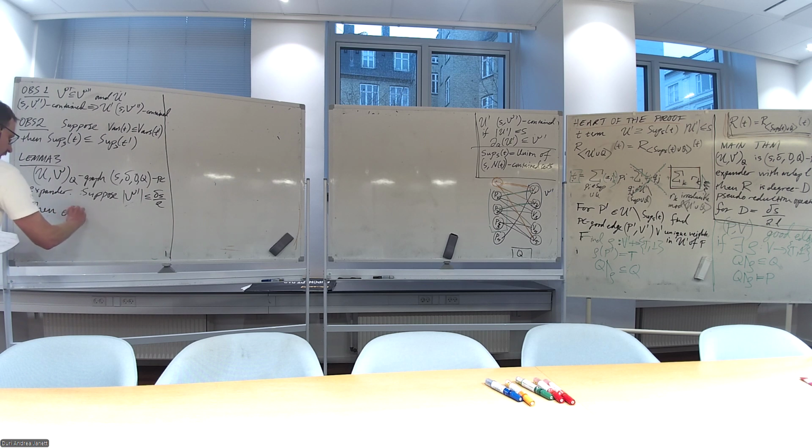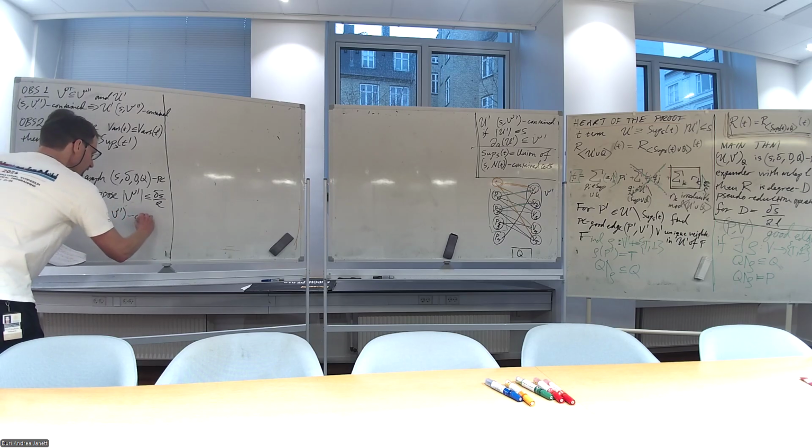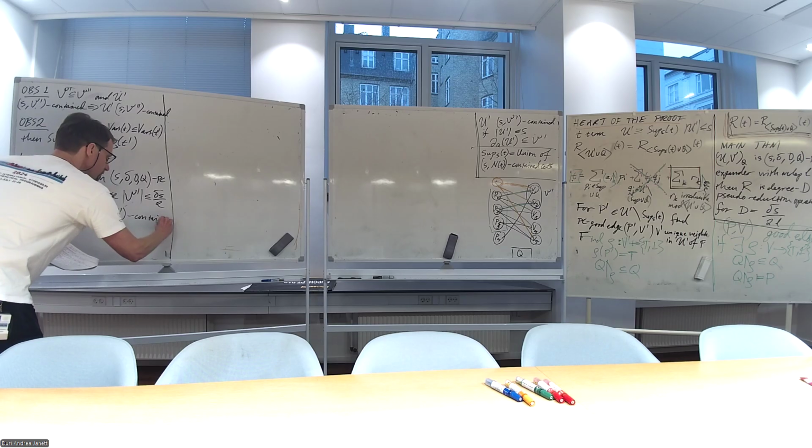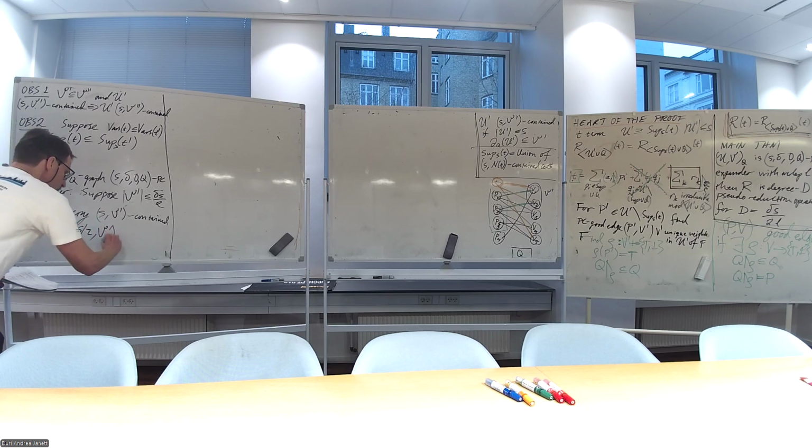Then every SV prime contained set is in fact S half V prime contained.